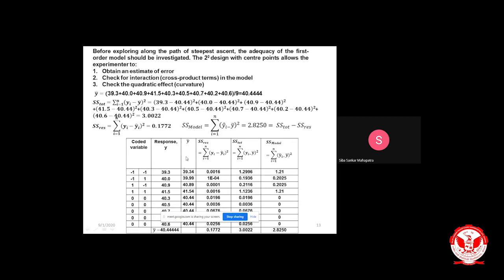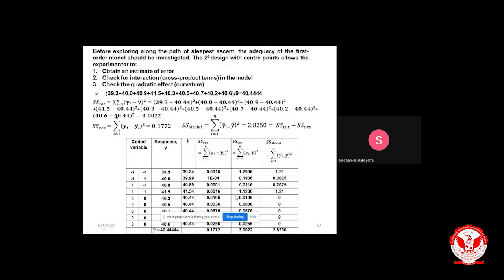That is also shown here in the table, how the calculation is made. Then the sum of squares for the residual or the error is nothing but actual values minus the predicted value by the equation. Y hat is the predicted value from the equation. So summation i equal to 1 to n of yi minus y hat squared.